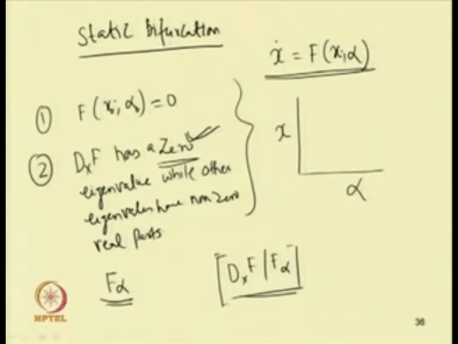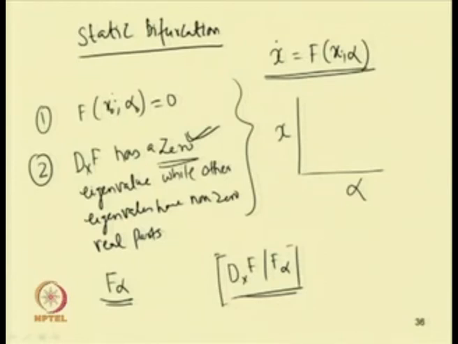Here x0 is the equilibrium solution corresponding to alpha equal to alpha0. Here d_x f has a 0 eigenvalue, while other eigenvalues have non-zero real part.